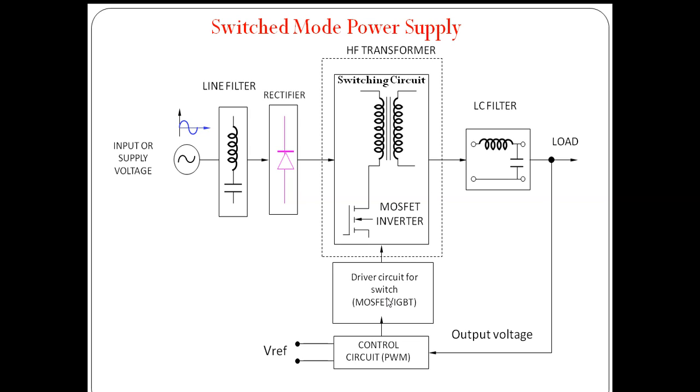The pulses from the driver circuit are generated by the control circuit, where it compares the output voltage and the reference voltage. The deviation will be given as input. Accordingly, it will be triggering the inverter, and we are getting the required voltage at the output. So this is how the SMPS unit will operate. We are going to see its operation.